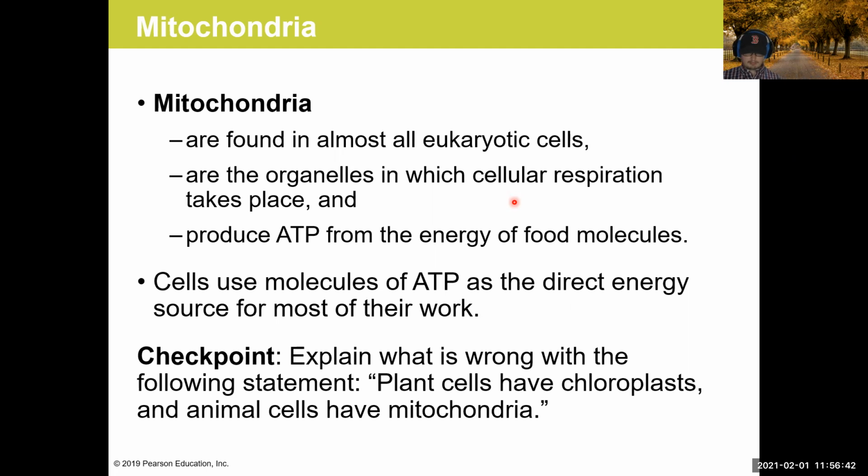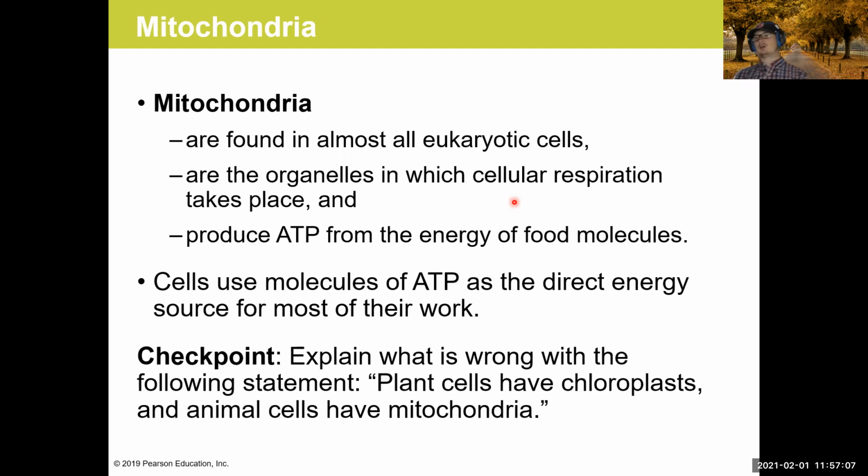And I want to address a statement that a lot of times you'll hear, which is that plants have chloroplasts and animal cells have mitochondria. This statement, the way it's worded, has some flaws to it, because plant and animal cells have mitochondria.